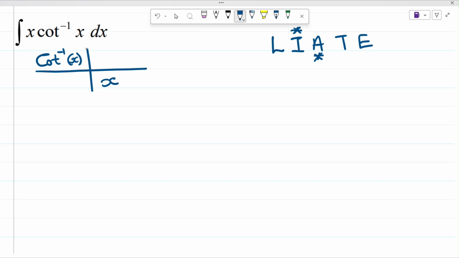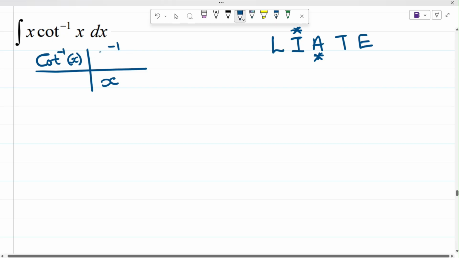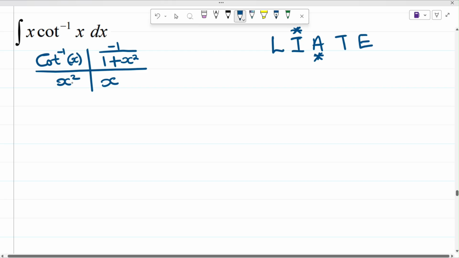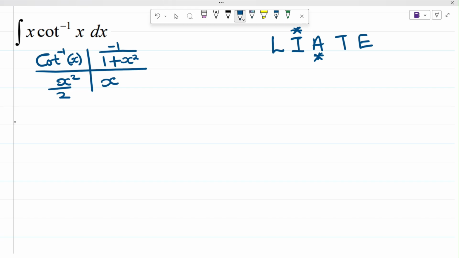So this one should become -1 divided by 1 plus x squared. And then I integrate my x. So when you integrate x, it becomes x squared over 2. Okay, now that I have my cross, then it's easy.